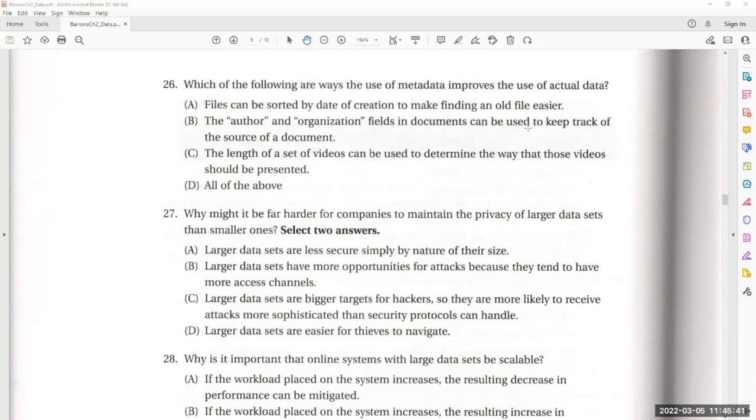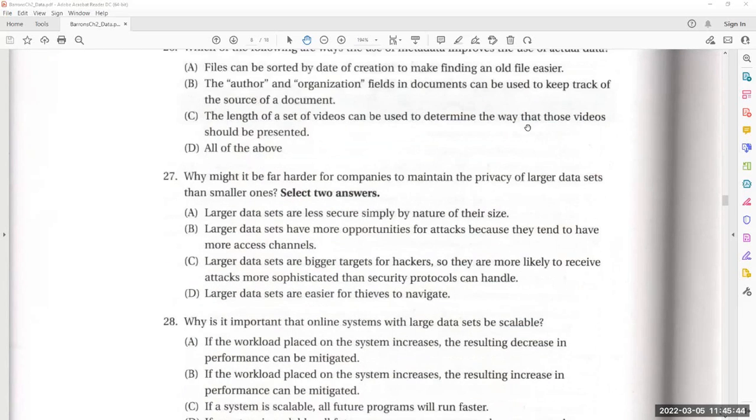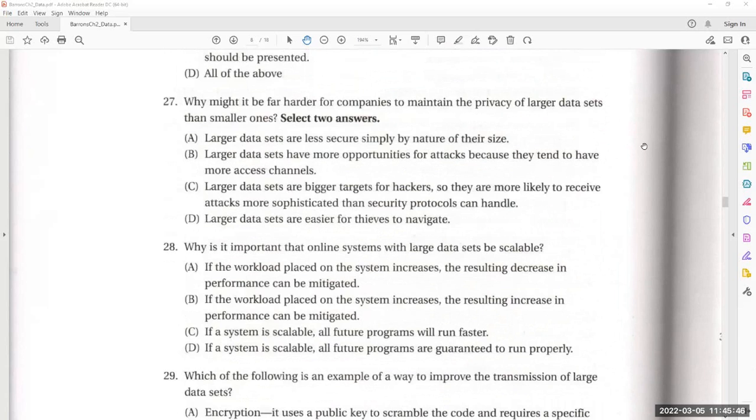Let me have Peter Shen, okay, 27. So why larger data set is harder to keep or maintain the privacy?